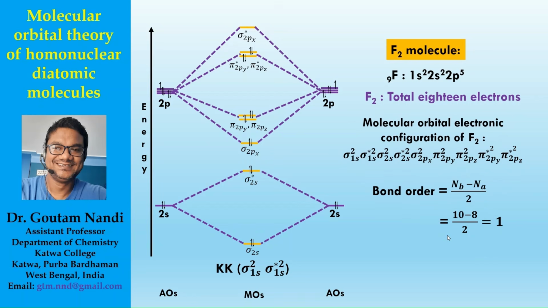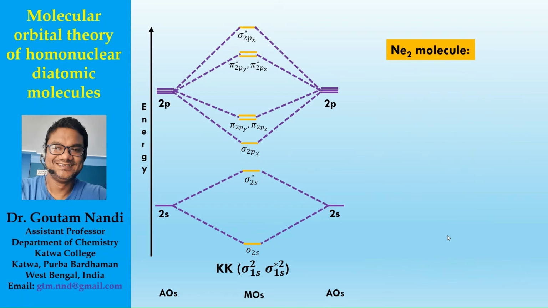Okay, so the bond order will be 1. And you can see from the diagram that there is no unpaired electron in the MO, so the F2 molecule will be diamagnetic. And the last one for this video is the Ne₂ molecule.